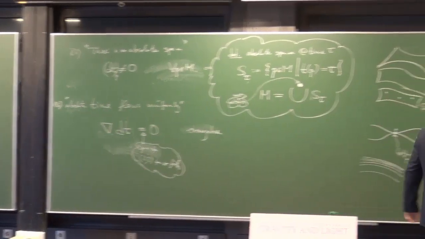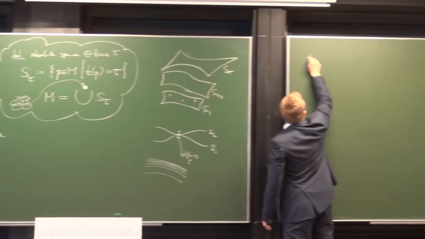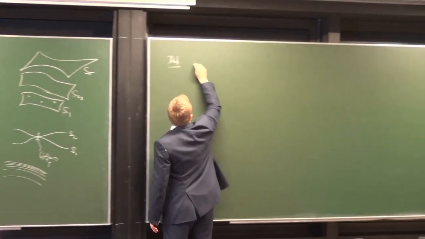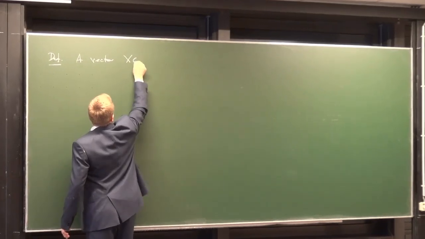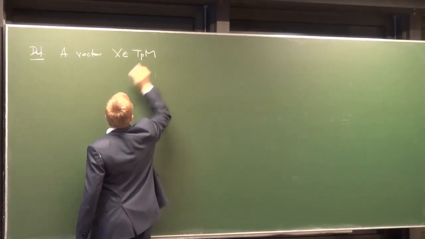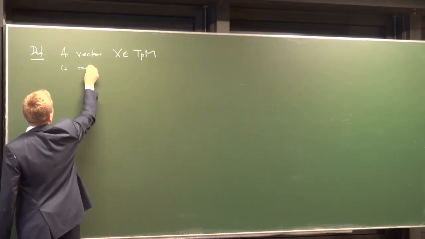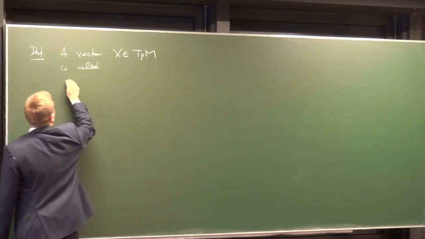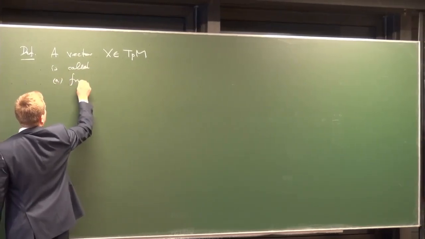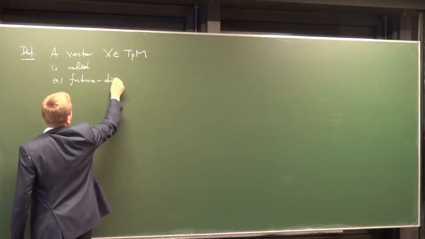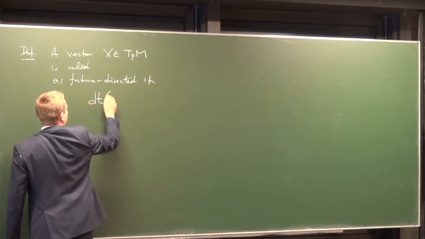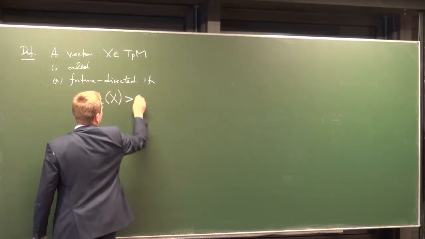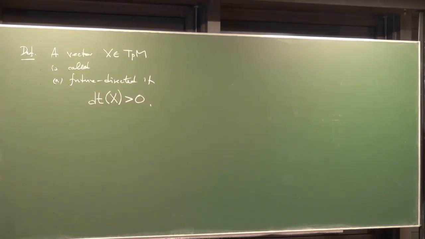Now we can make a definition. A vector X in some T_pM in space-time is called future-directed if the application of the absolute time function to it yields a number greater than 0.